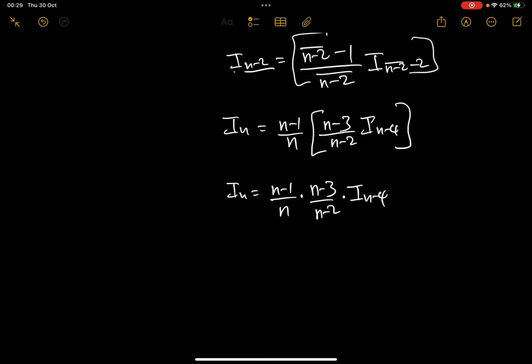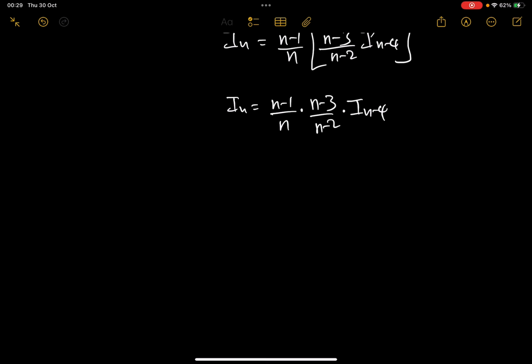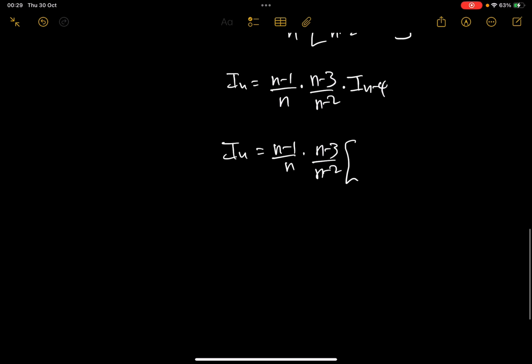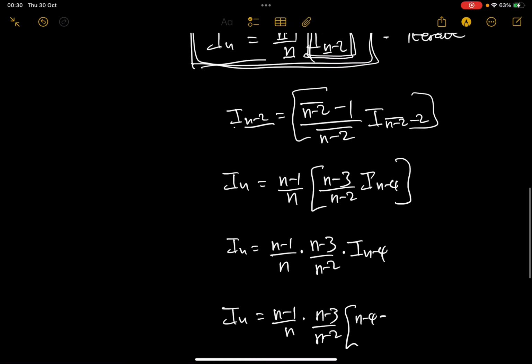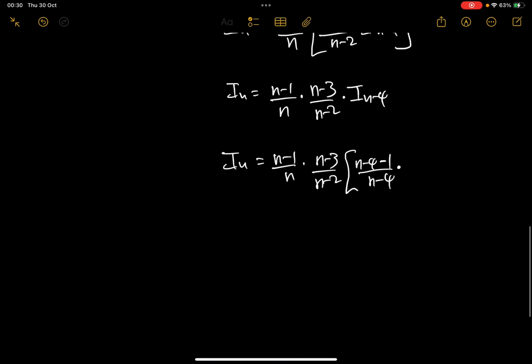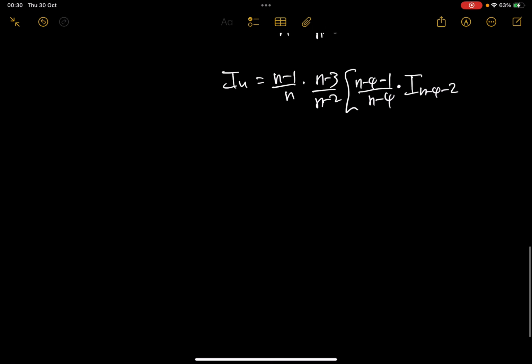So from here, let's do n minus 4 again. So I_n is equal to (n-1)/n times (n-3)/(n-2), and then I_(n-4), which means in the same way, where there is n here, we substitute n minus 4. That is going to be (n-4-1) over (n-4) times I_(n-4-2).